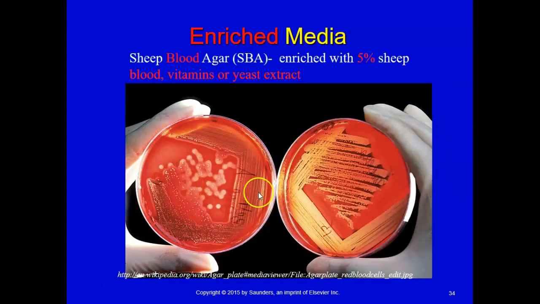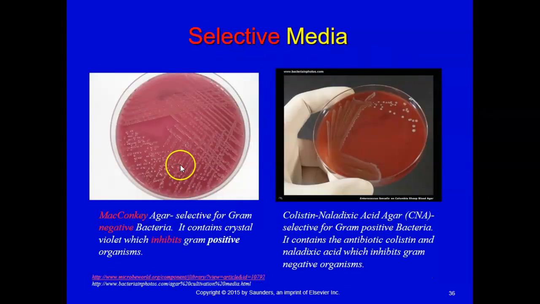So this bacteria up here that I said is most likely a gram-positive is not going to grow on MacConkey because MacConkey is selective for gram-negative bacteria. And it contains crystal violet, which inhibits gram-positive organisms, and it also gives it this beautiful purple color. So we say that MacConkey is selective for gram-negative bacteria.